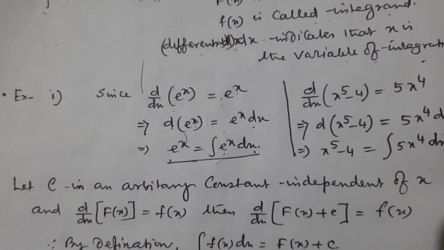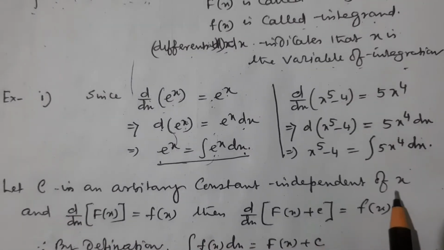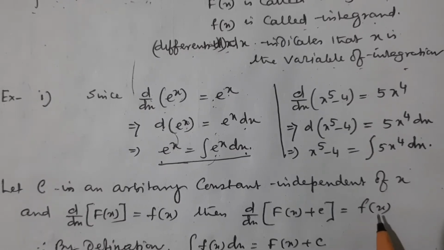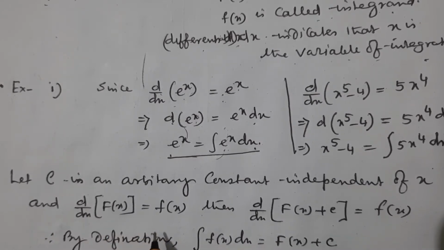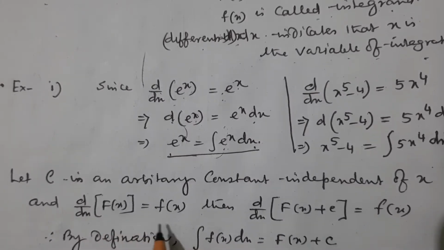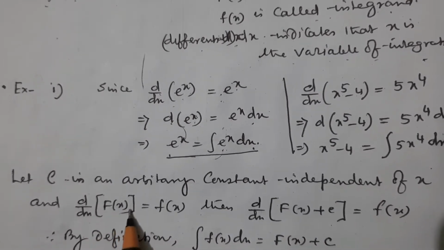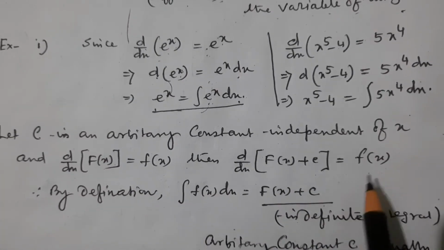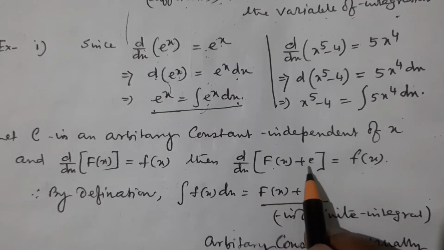Let c be an arbitrary constant independent of x, and d/dx of capital F(x) equals small f(x). Then d/dx of capital F(x) plus c equals f(x). So by definition, the integral of f(x) dx equals capital F(x) plus c.